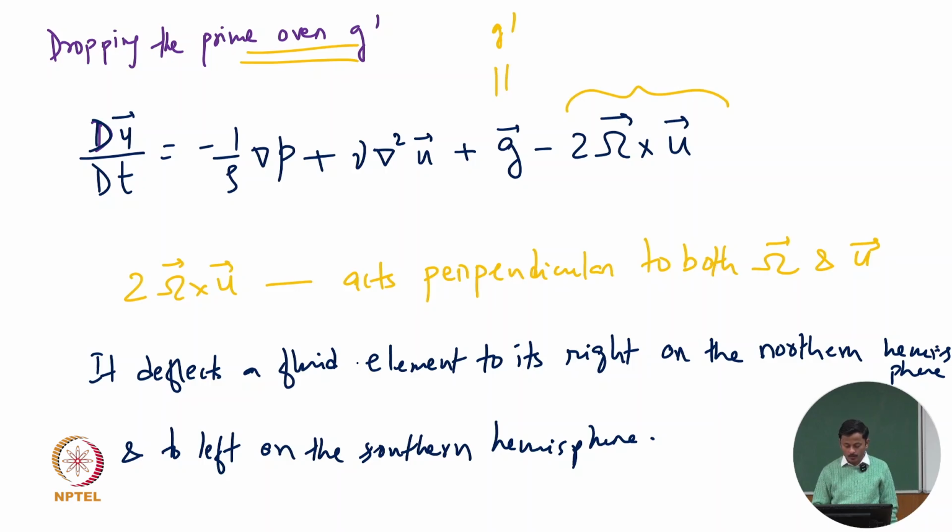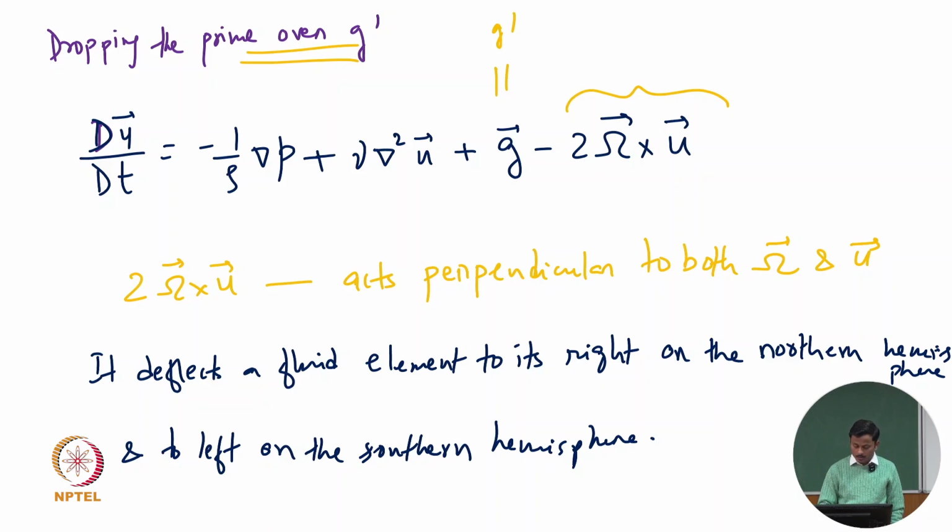We'll see again in a slightly more simplified version that this will deflect the element to its right in the northern hemisphere, because the local angular velocity is now pointing upwards, out from the Earth's surface.